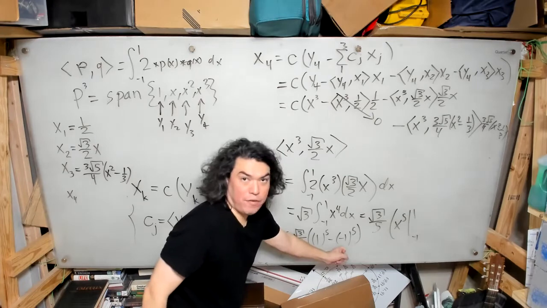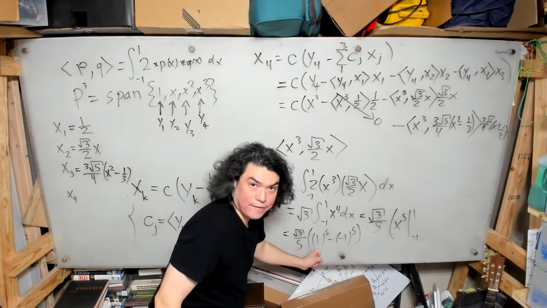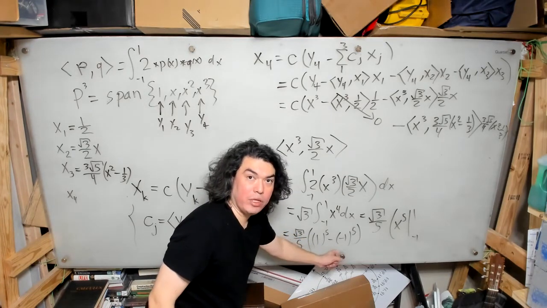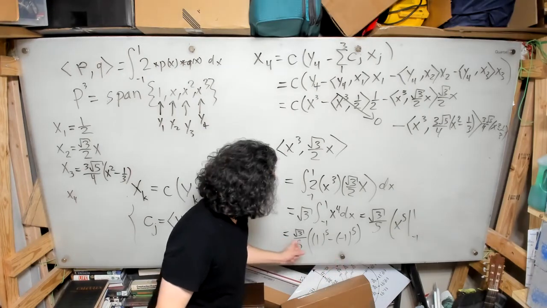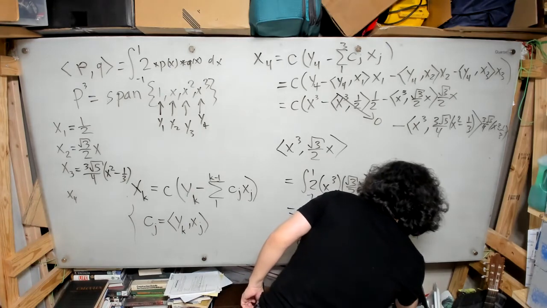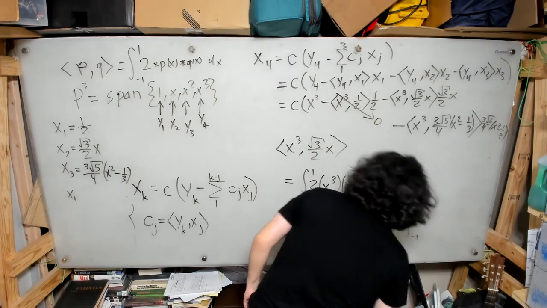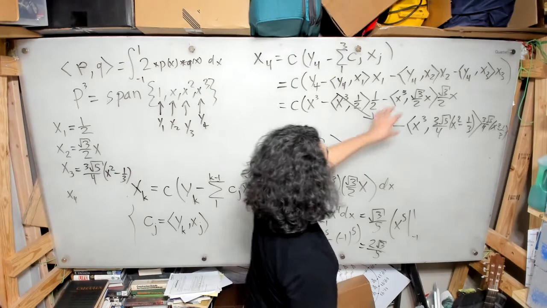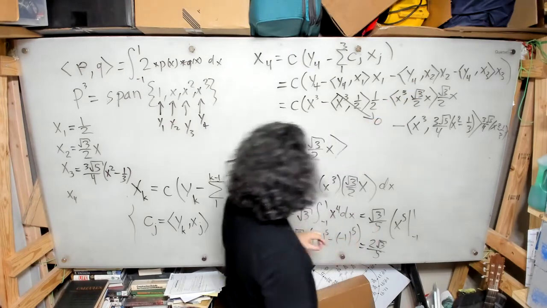Negative 1 to the fifth power is negative 1, and 1 to the fifth power is 1. So it'll be 1 minus negative 1, that'll be 1 plus 1, which will be 2. And so it'll be 2 square root of 3 over 5. So we know that this will be 2 square root of 3 over 5.